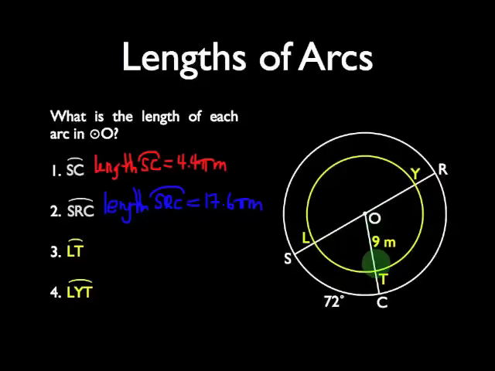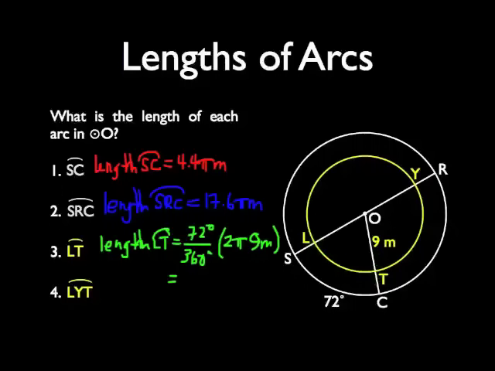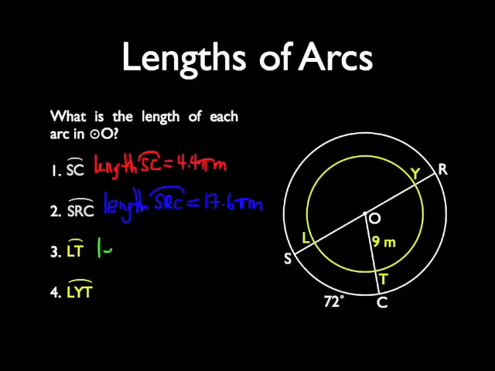It's only 9 meters. So therefore, the length of arc LT is going to be 72 divided by 360 times the circumference of circle O with radius 9, which is 18 pi. And 18 times 2/10 is 3 6/10. So the length of arc LT is 3 6/10 pi meters.